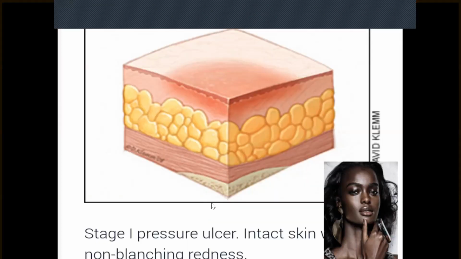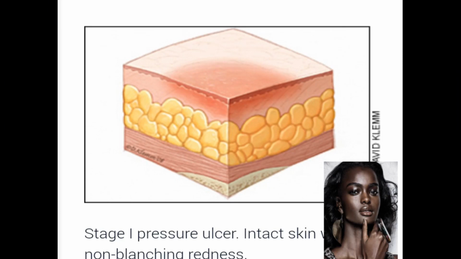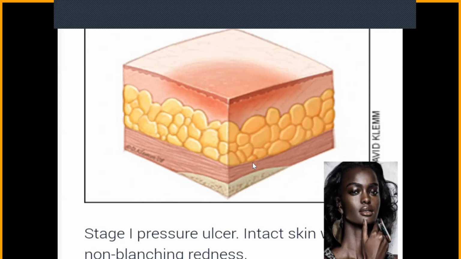Here, while we discuss palpation, I will discuss the National Pressure Advisory Panel classification of pressure ulcers. My focus is only pressure ulcers and diabetic foot ulcers in this presentation. In stage 1 pressure ulcer, the skin will be intact and you will get only non-blanchable erythema.